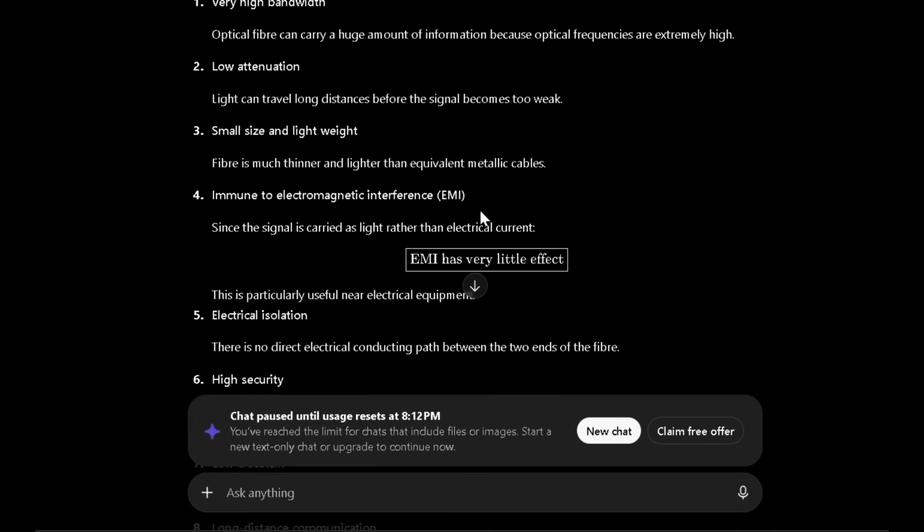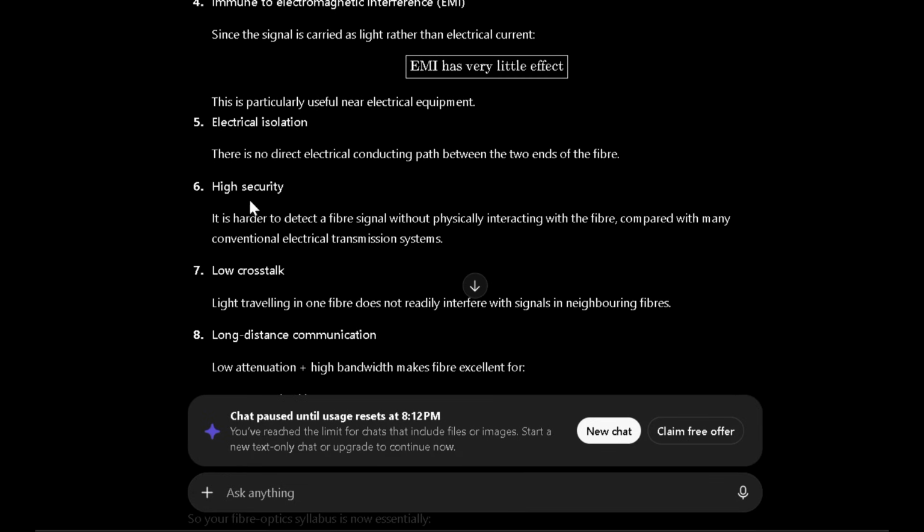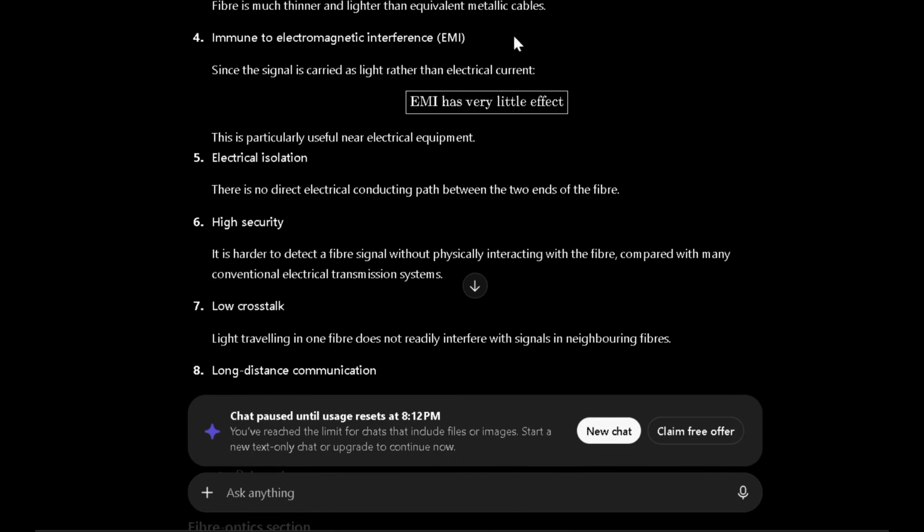Immune to electromagnetic interference. Do you know what electromagnetic interference is? If you study transmission lines, you will understand it. A wire carries electromagnetic waves. A normal power line carries 50 hertz, but a transmission line carries a very large range of frequencies, so it generates electromagnetic waves, and the information goes as an electromagnetic wave.